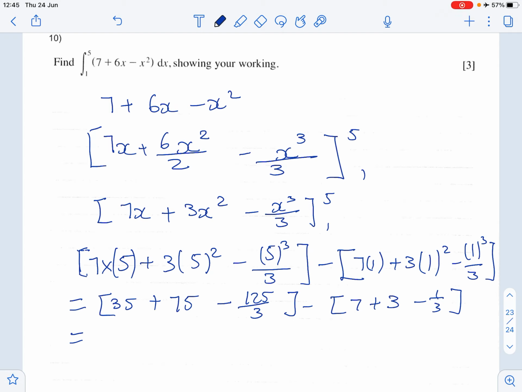Then your final answer should be 205 over 3 minus 29 over 3, which is equal to 176 over 3.